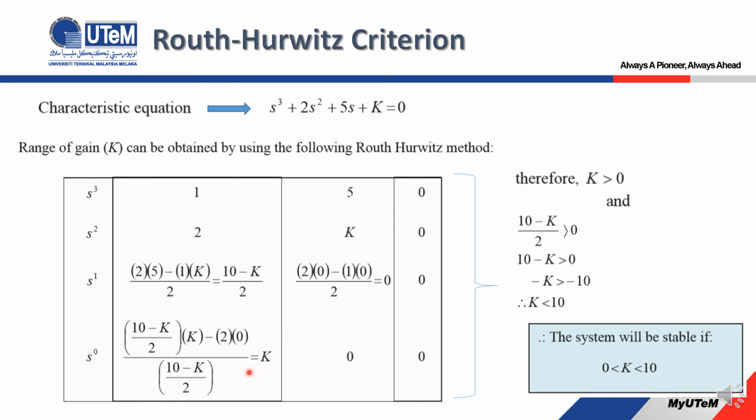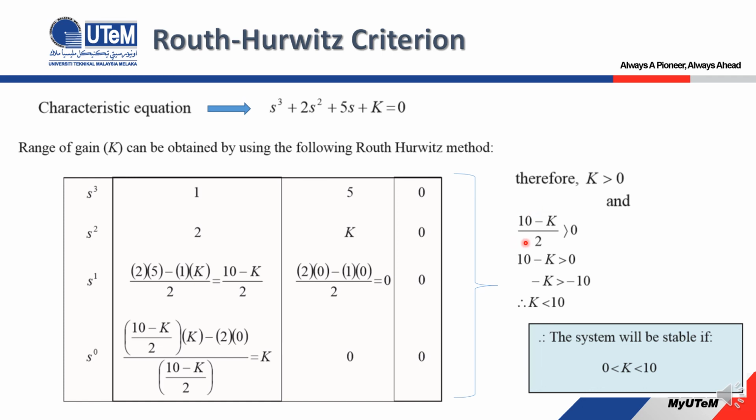First we take this one, K. In order to make sure this one is positive, we just put K is greater than 0. When we put K greater than 0, for sure this one is positive. Next we take the second coefficient here. This component must also be greater than 0 so that this coefficient is positive. So we put (10 minus K) divided by 2 is greater than 0.